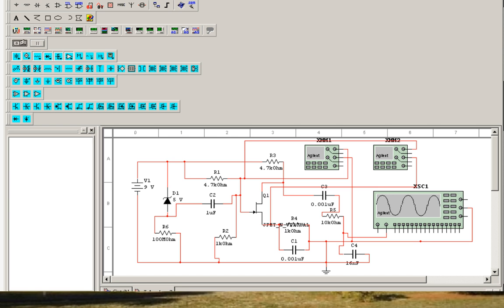I think I connected it already. I can't get that mess out of there. Why is that line connected to ground?